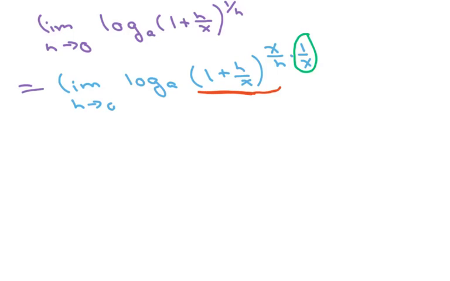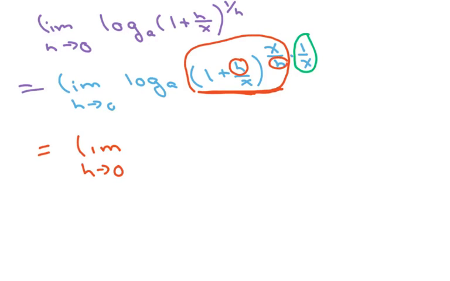This whole thing is e, so we're going to get equals the limit, sorry, let's do the limit thing. The limit as h approaches 0, and I'm going to write this part right here as e to the 1 over x, since they're both h's here, since they're constant, so this is going to be log base a of e to the 1 over x.